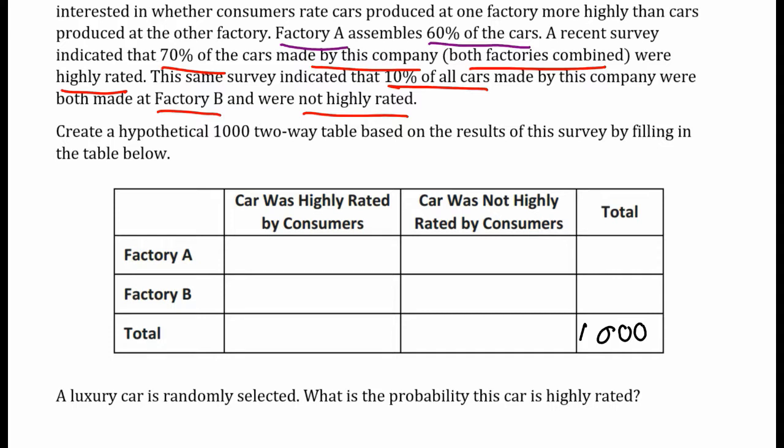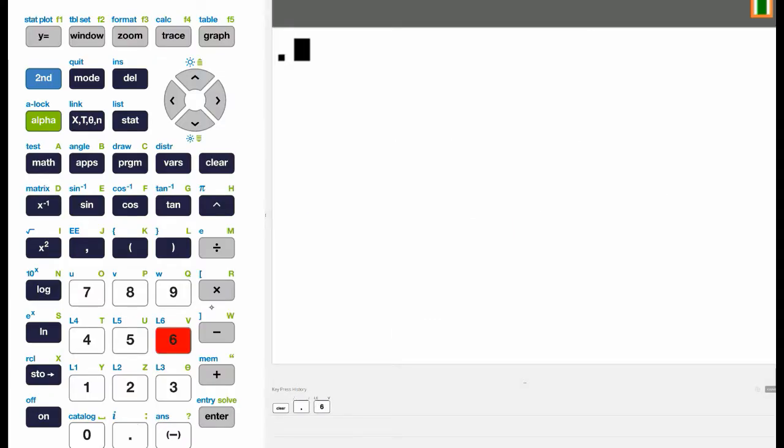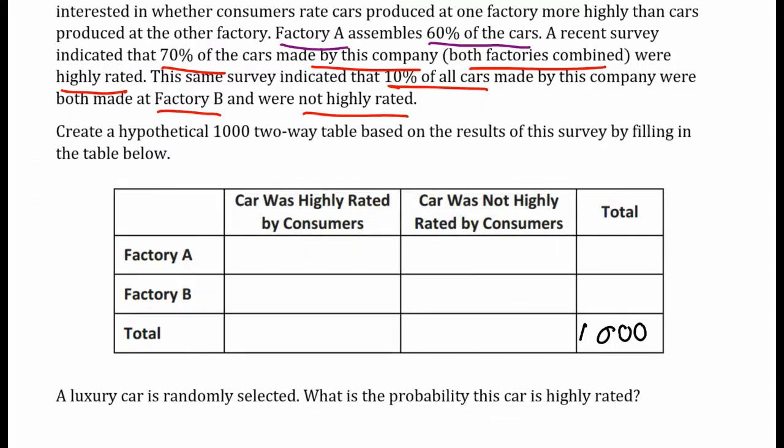60% of them were made at Factory A. So 60% is 0.6 out of 1,000 of them. 60% of 1,000 is 600. So 600 of those cars were made at Factory A, which means 400 were made at Factory B. 70% of the cars overall between both of them were highly rated.